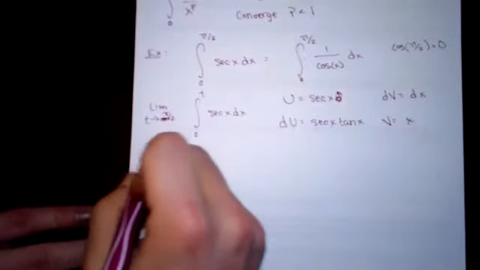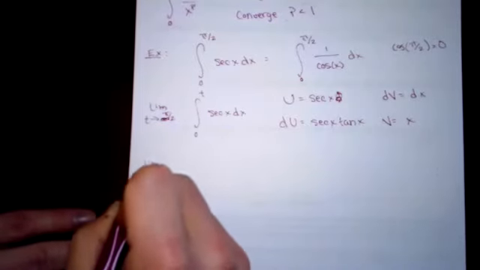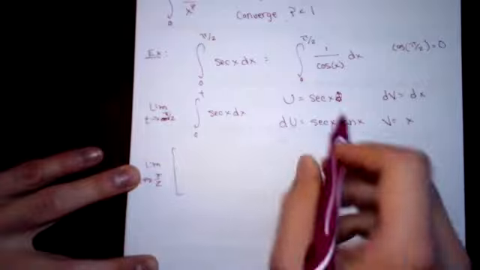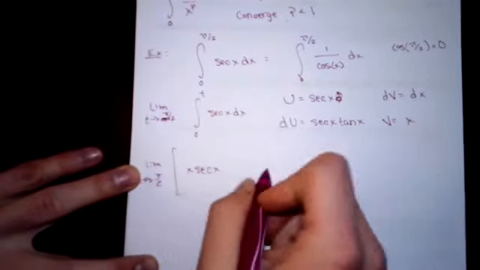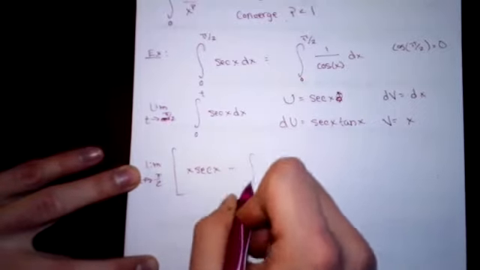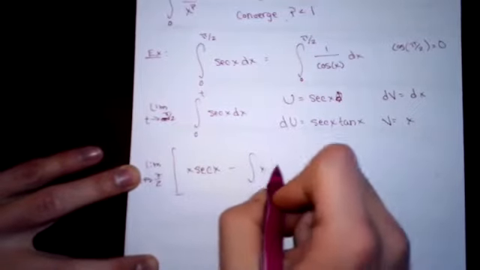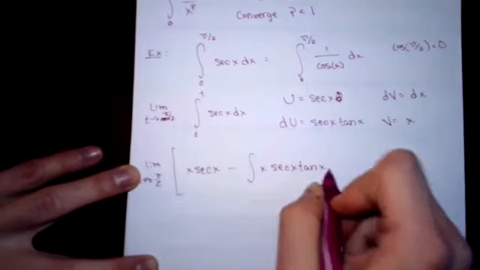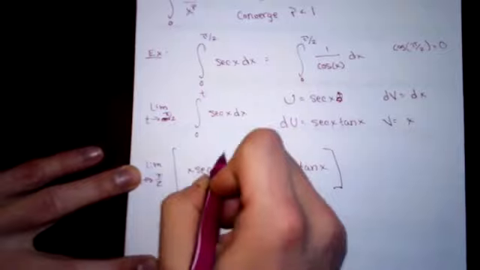I forget all these trig integrals. You kind of have to just go through them again. So we've got the limit as t goes to pi over 2 of uv minus the integral of v du, x times secant x tangent x. And we've still got to evaluate this from 0 to t.